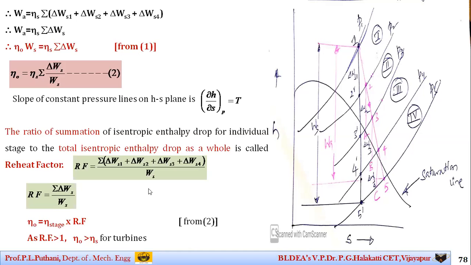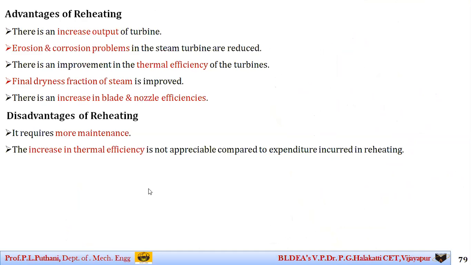Some more points are regarding the advantages and disadvantages of reheating, why we need to go for reheating. Generally in the turbines, when you are using steam, it may be in the form of a two-phase mixture, that is, water particles may be there in the steam. So there may be a decrease in the efficiency of the turbine. When you are using reheated steam, there are chances that we can have an increased output of the turbine.